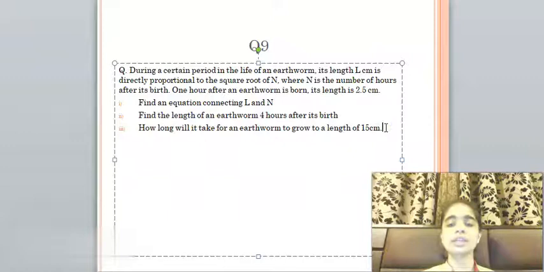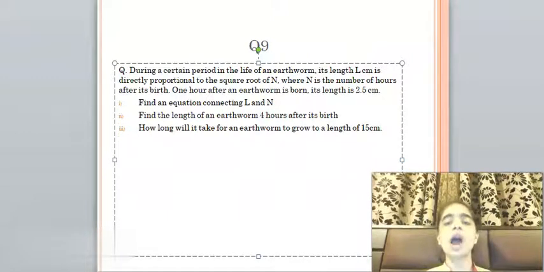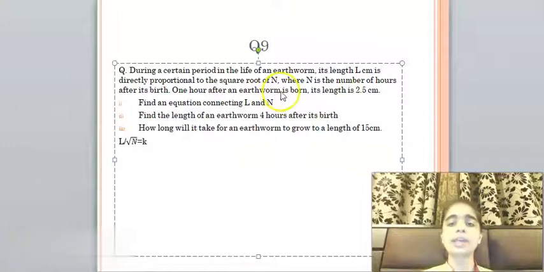This is very easy. We will first have to find the value of K. So how will we find the value of K? It says L is directly proportional to the square root of n. So L divided by square root of n will give us the value of K. n is the number of hours and L is the length.